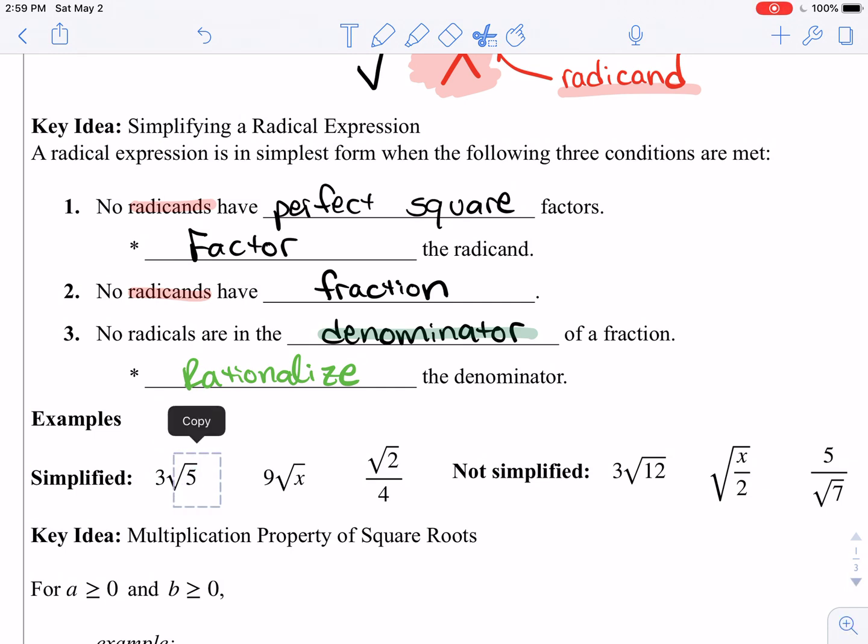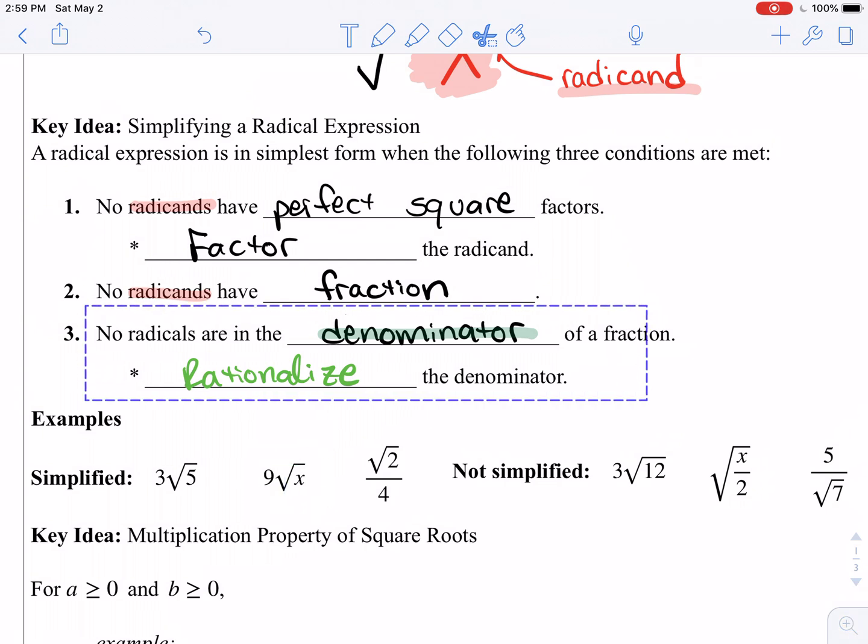There are no fractions here, and because there's no fractions, there's no radicals in the denominator. 9 times the square root of x is also simplified because x doesn't have any perfect square factors. You can't factor a variable, it's just x. There's no fractions, and because there's no fractions, the denominator doesn't have any radicals in it.